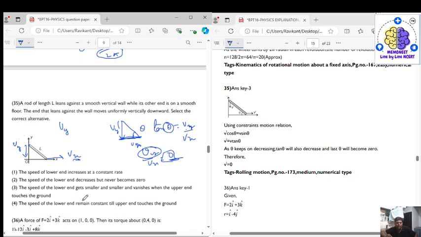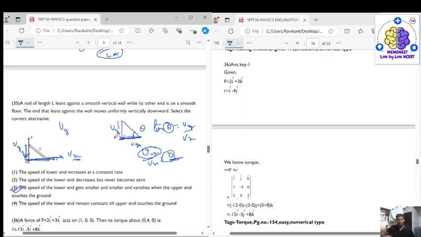The speed of the lower end remains constant till the upper end touches the ground. So according to this, the correct answer is option 3. Why? Because this will move forward while this is moving downwards, and finally when the rod touches the ground and becomes horizontal, its velocity will be 0. So it has been said in option 3, so the correct answer will be option 3, right?